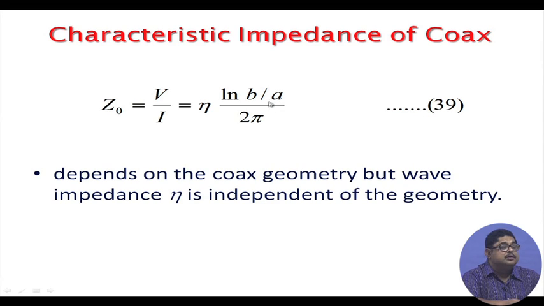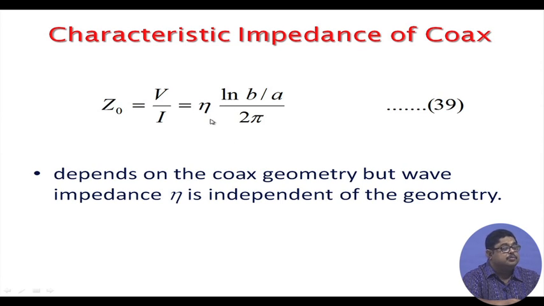Now, you can have some value of it chosen. That is more than 2 into 3.14, so roughly 6 or roughly 7. So, if ln b by a is more than 7, then you get that Z naught is more than eta, otherwise Z naught is less.